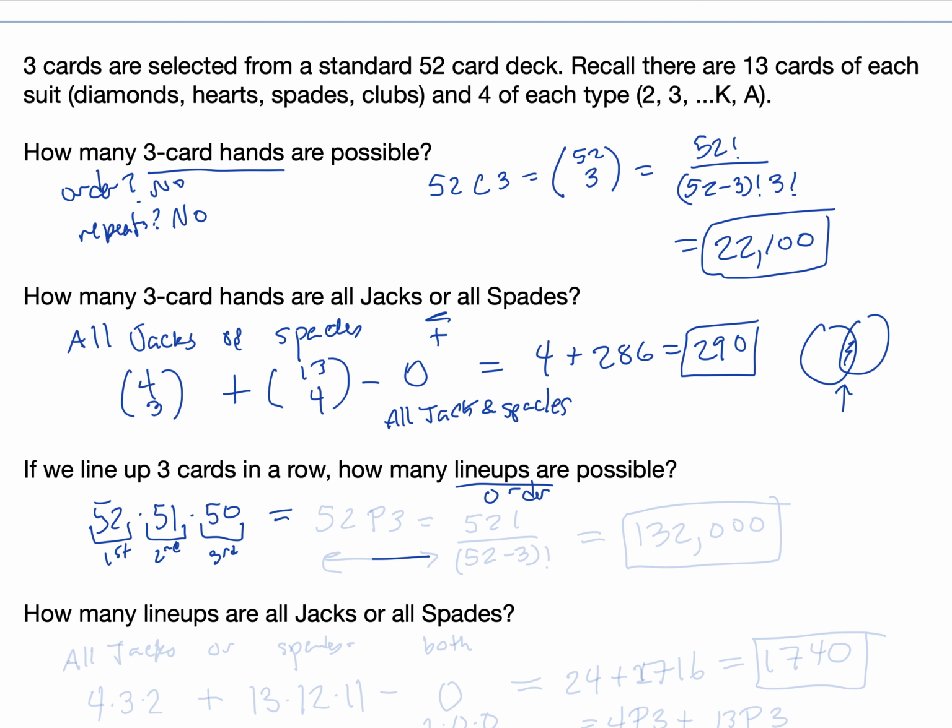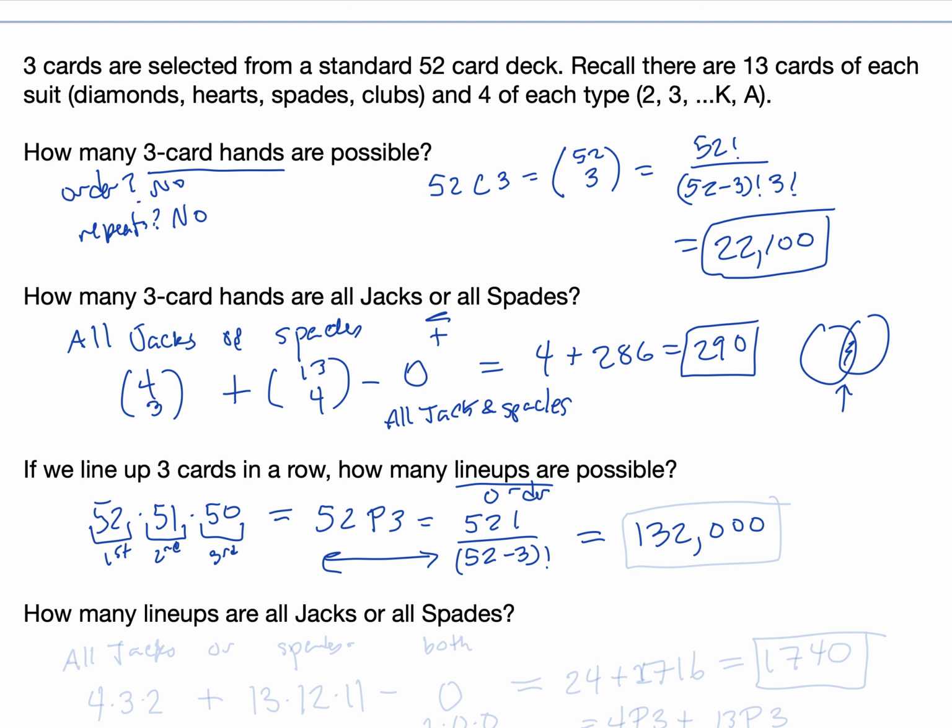This is also the same thing as 52 permute 3, so we could also use the formula if we wish, 52 factorial over 52 minus 3 factorial, and that would give us the same thing. Either way, when we simplify our answer, we have 132,600 such 3 card lineups or such sequences of 3 cards.